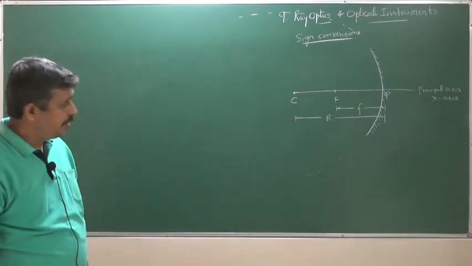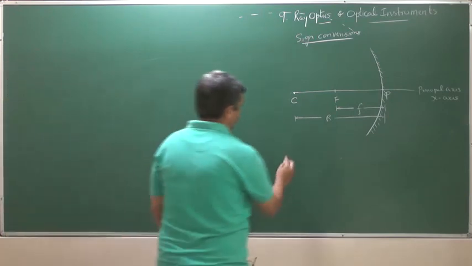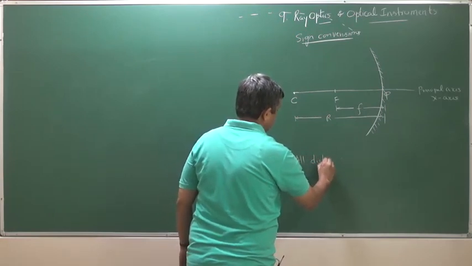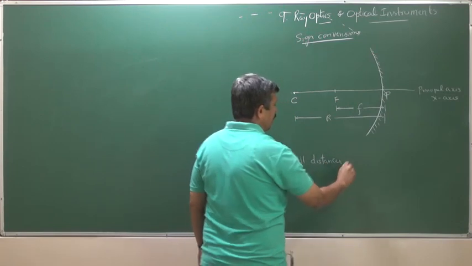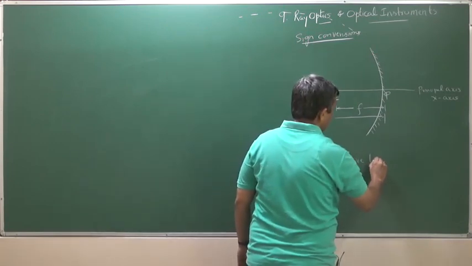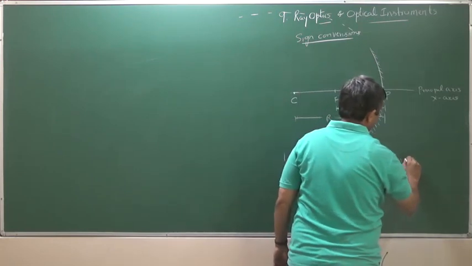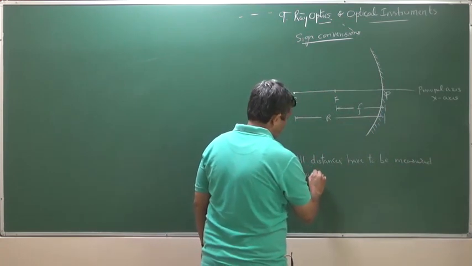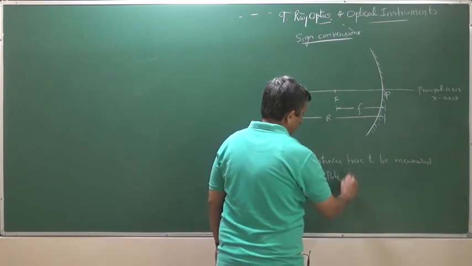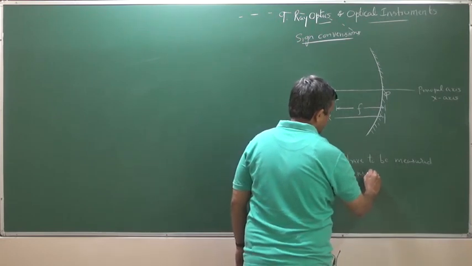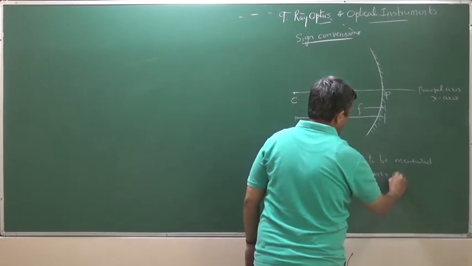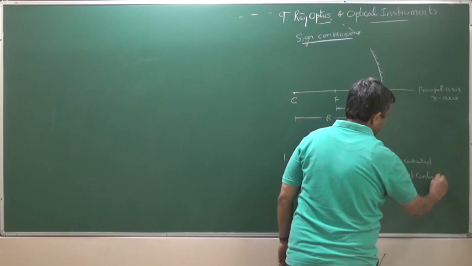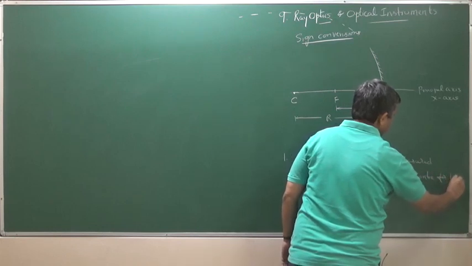First sign convention: all distances have to be measured from the pole for mirrors and the optical center for lenses.